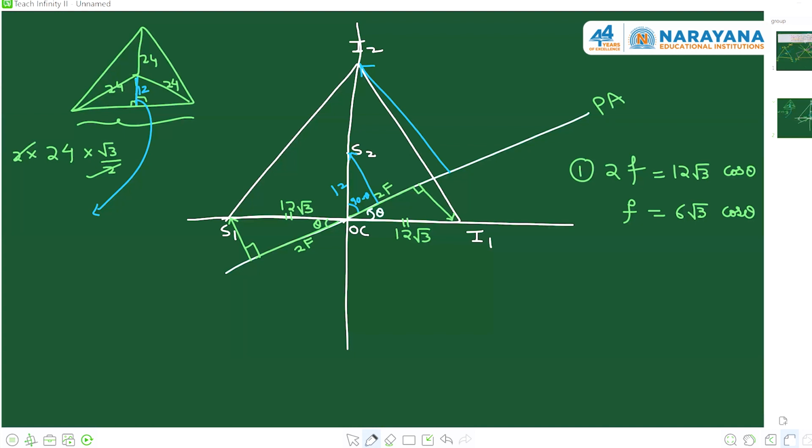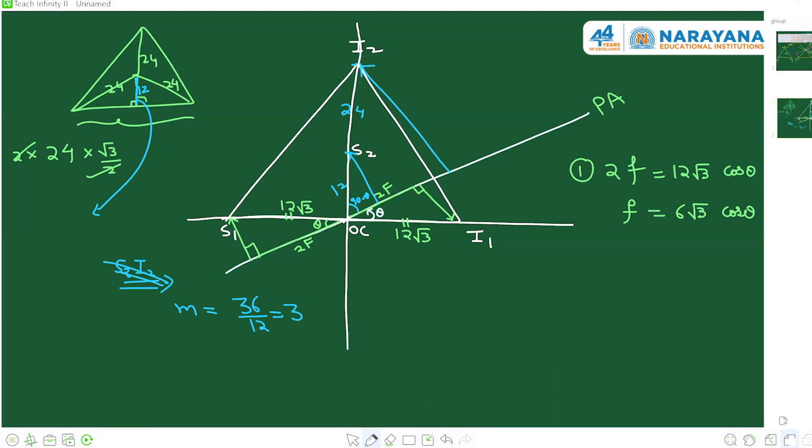So in the S2I2 combination, if this distance is 12 and this is centroid to the edge, which is given as 24, I've drawn here. So this is 36. So obviously these heights, for the S2I2 combination, the magnification M is 36 sine 90 minus theta upon 12 sine 90 minus theta. So I can directly say it is 36 upon 12. That magnification is coming out as 3.